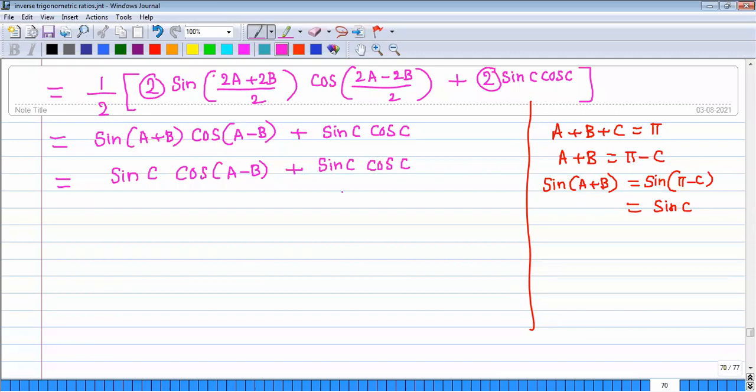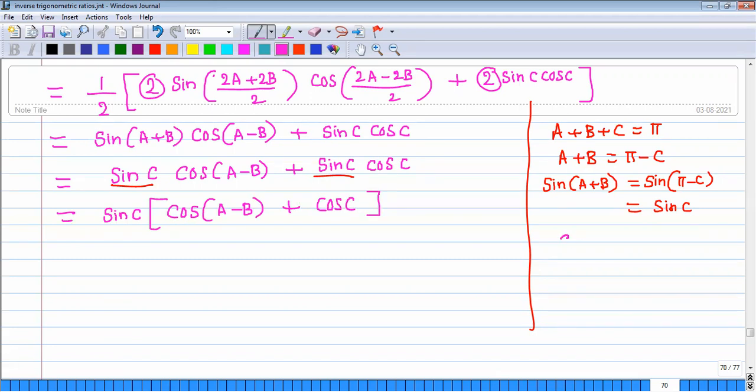Now from these two terms, what shall we take out common? Sin c. Yes, so take sin c common out. You have cos of (a minus b) plus cos c. Again, this cos c in terms of a plus b, we need to write it.